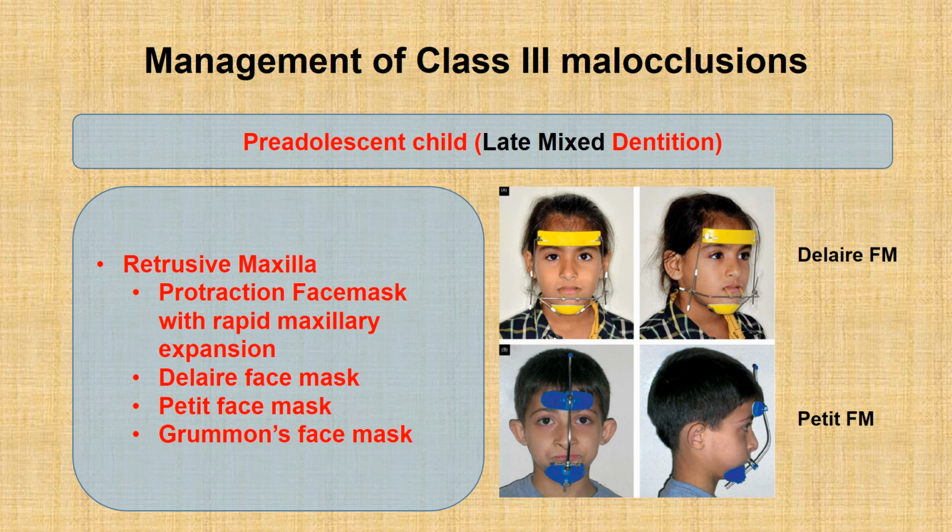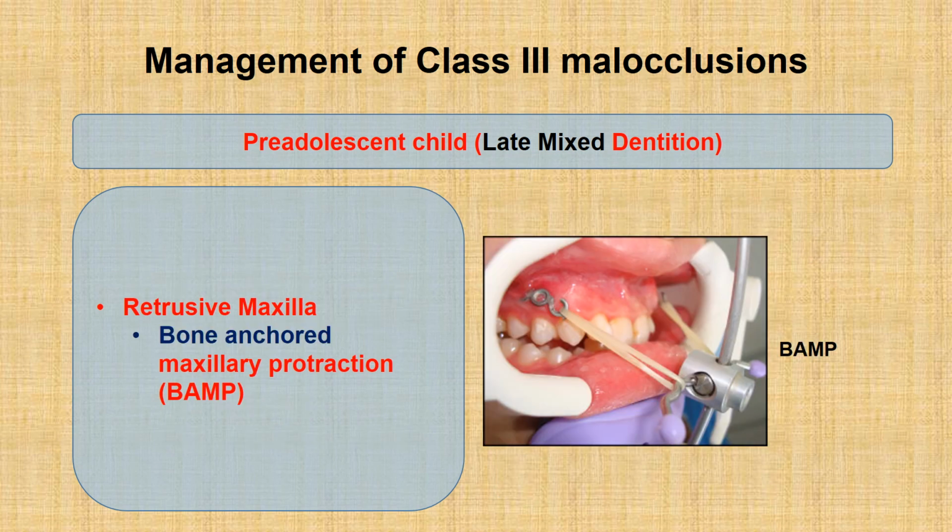This can be accomplished with either a Delaire face mask, a Petit face mask, or any other face mask like Gramont's face mask. There is also the option of protracting the maxilla using bone anchored screws.